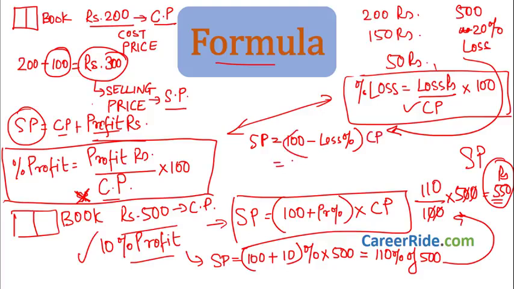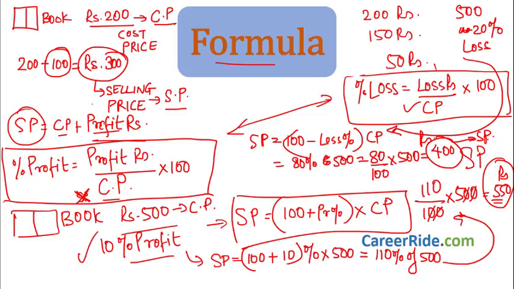So here we will have 100 minus 20% is 80% of cost price. Cost price is 500, so that would be 80 upon 100 into 500, that would be nothing but 400 rupees. So the cost price was 500 rupees, selling price was 400 rupees. That means 20% loss, or rupees 100 loss.